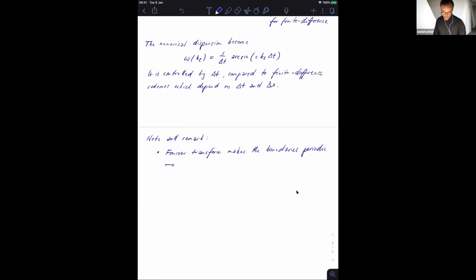And that's why, for example, people use non-periodic transforms like the non-periodic Chebyshev, for example. It has been proposed.